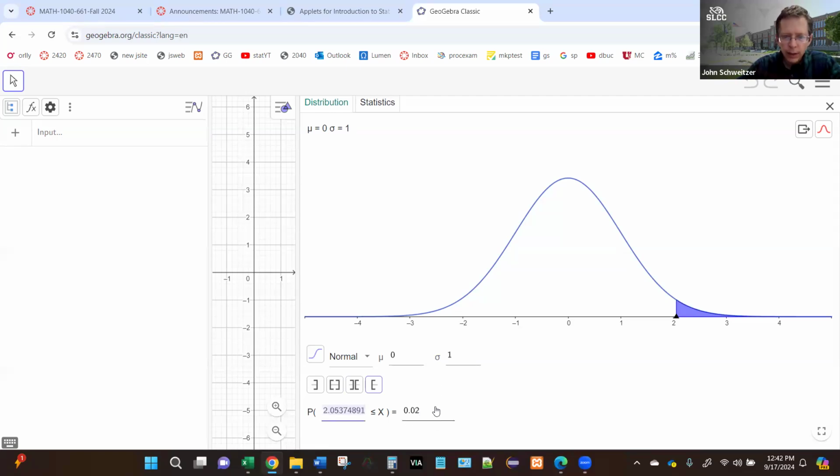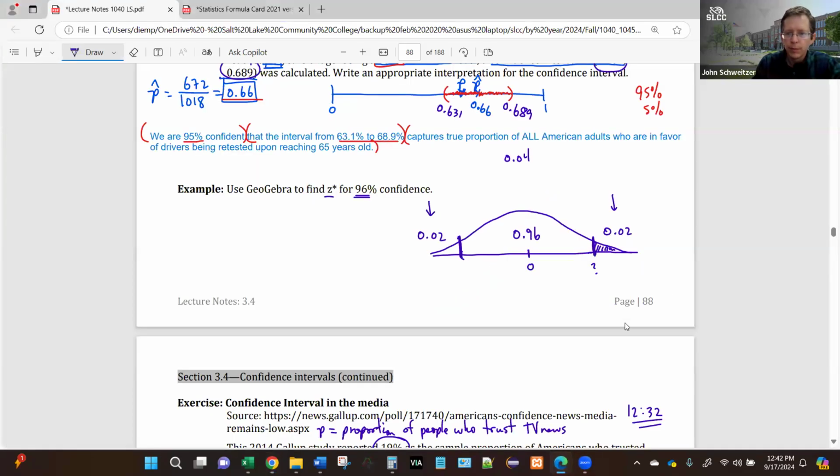The area, the probability, the proportion is on the outside. The observed value, in this case a z-score, pops up on the inside. So that's 2.054. That would be the critical z-score required for building a 96% confidence interval.